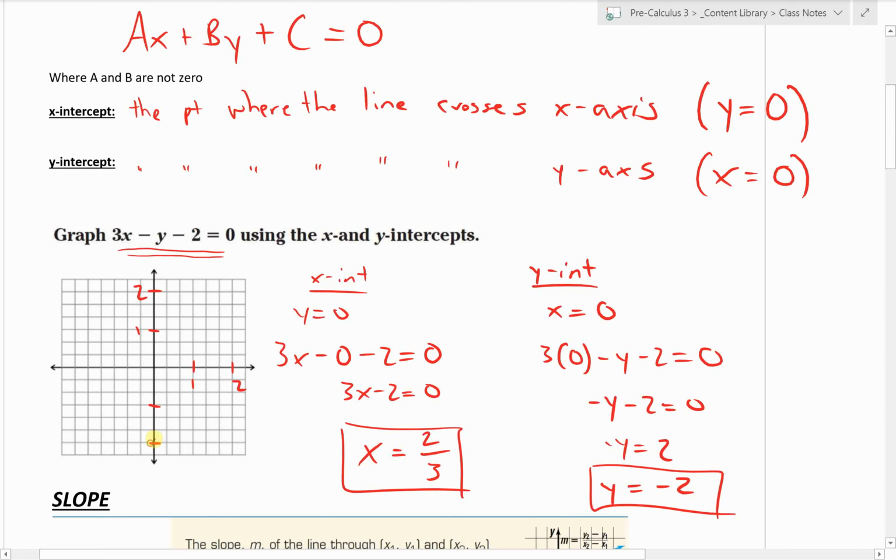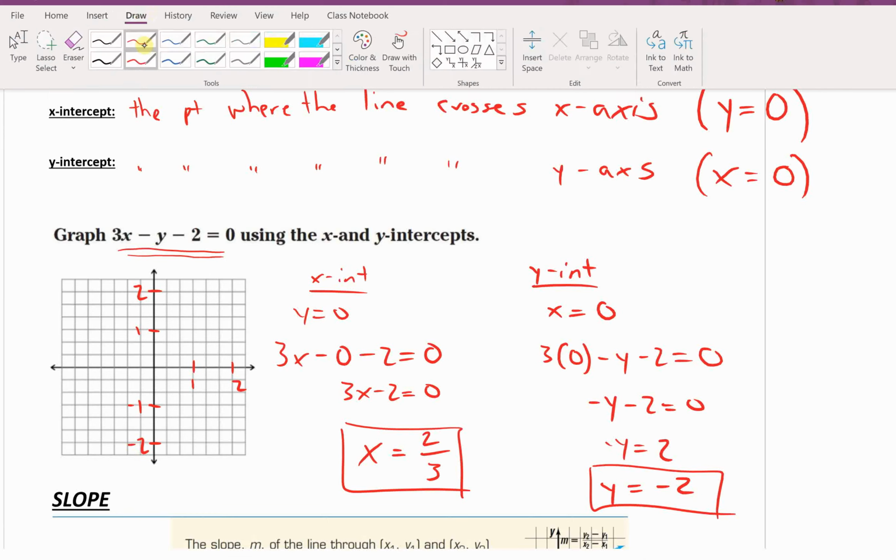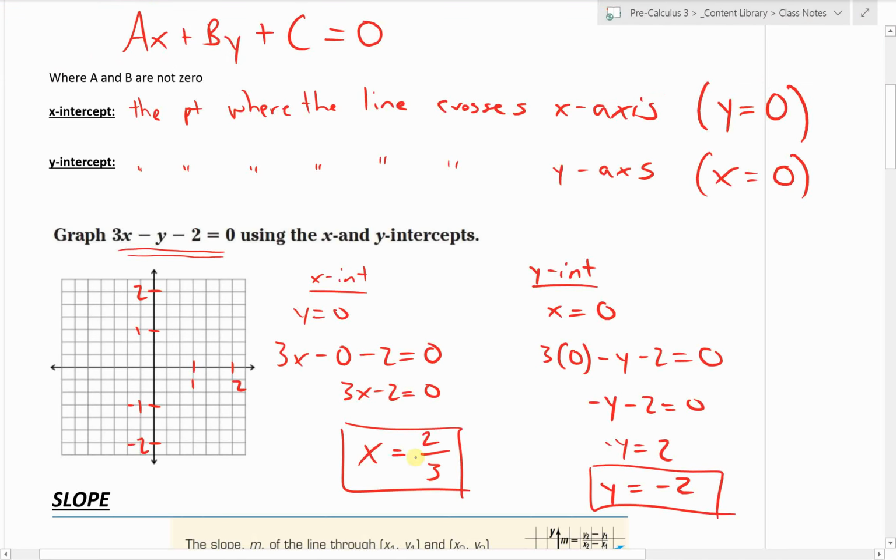That'll help me to sketch this more easily. The x-intercept is at 2/3. The y-intercept is at -2. And then I can just connect the 2 dots, the 2 points, and there's my line.